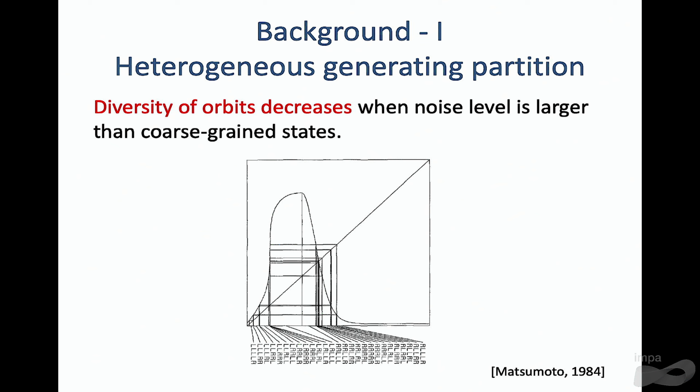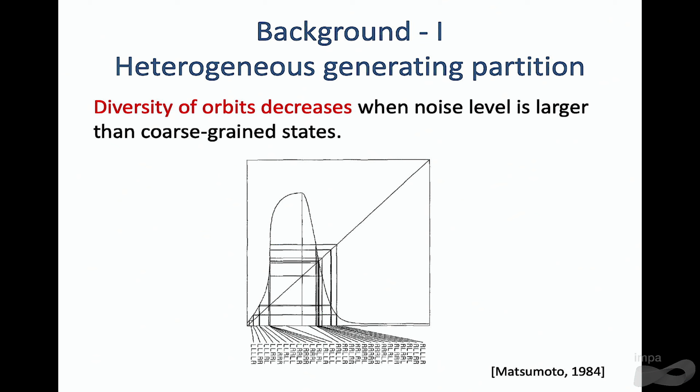Okay, so this BZ map has heterogeneous generating partition. This is numerically computed, non-rigorous partition. And these heterogeneous partitions cause this strange behavior, transition. Diversity of orbits decrease when noise level is larger, because we adding noise, uniform noise, this partition doesn't affect.